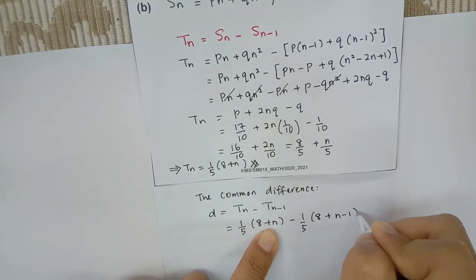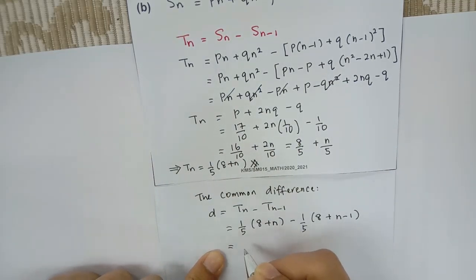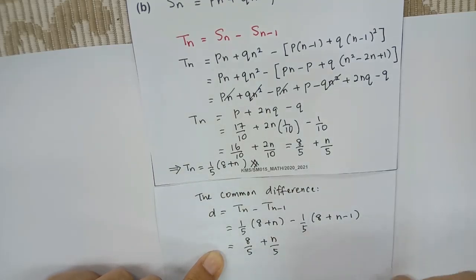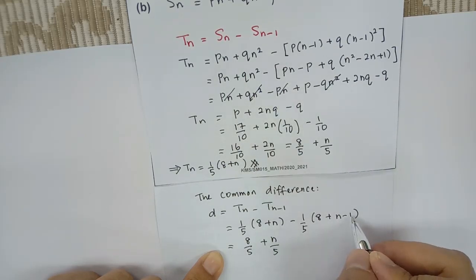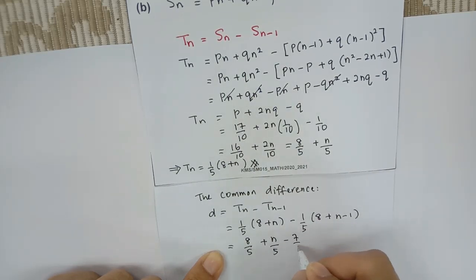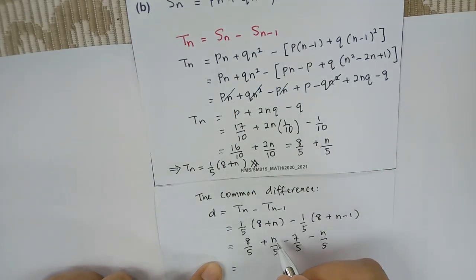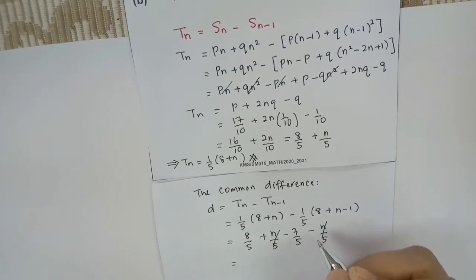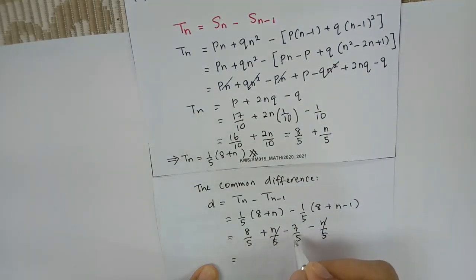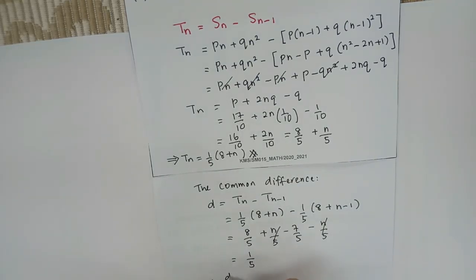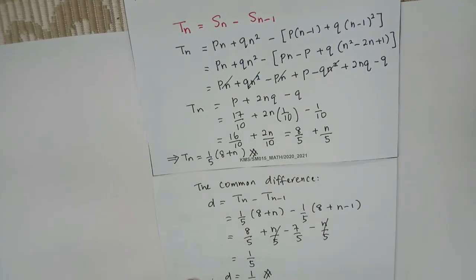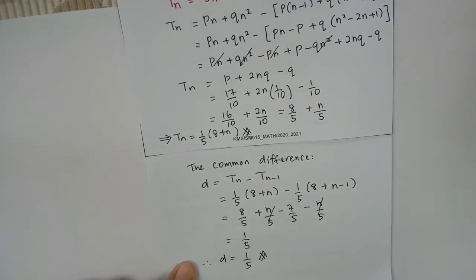Okay, then we simplify: 8 over 5 plus n over 5 minus 7 over 5 minus n over 5. Okay, so can cancel n over 5. So 8 over 5 minus 7 over 5 is 1 over 5. So the common difference is 1 over 5.